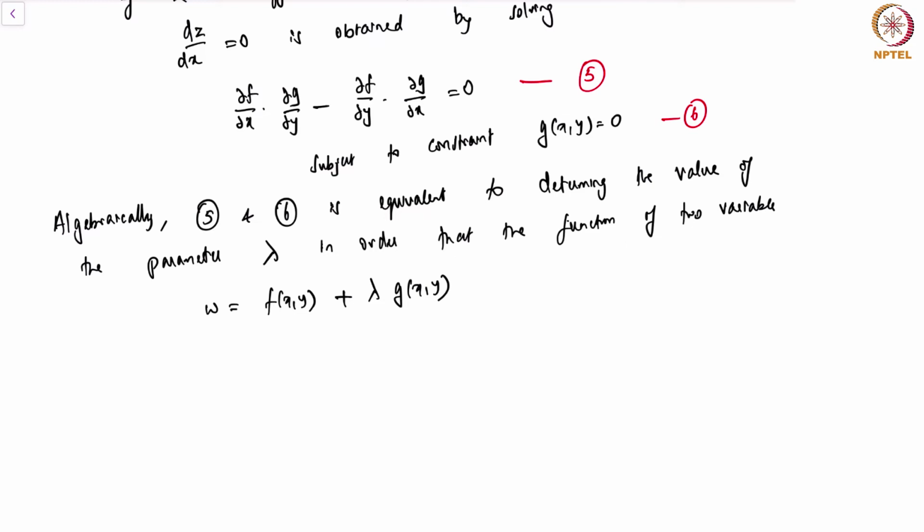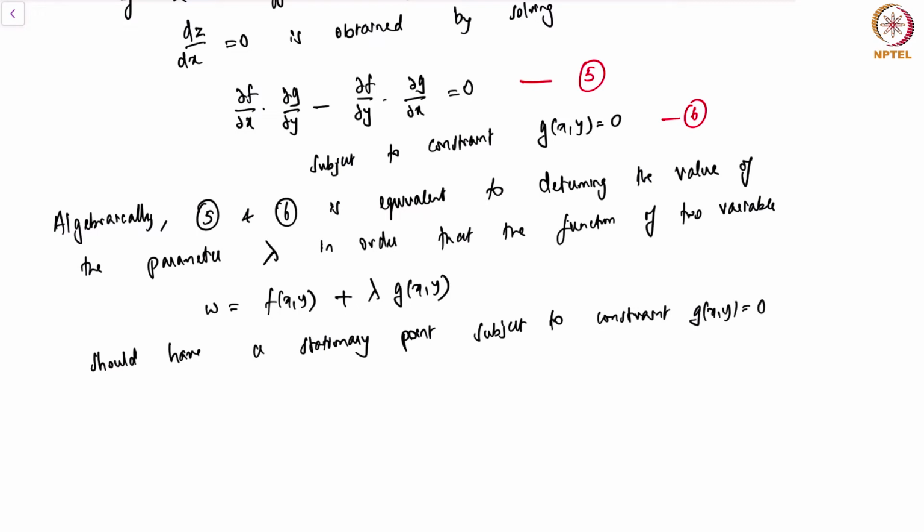So we have introduced a new auxiliary function. This function should have a stationary point, subject to the constraint g of x comma y is equal to 0.